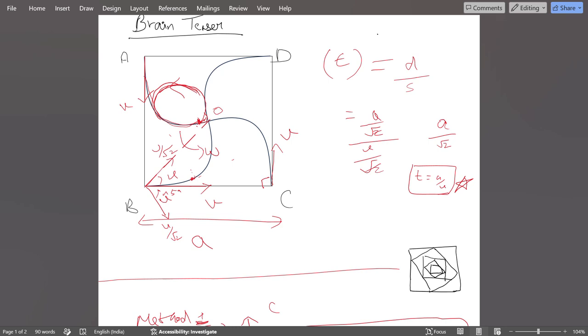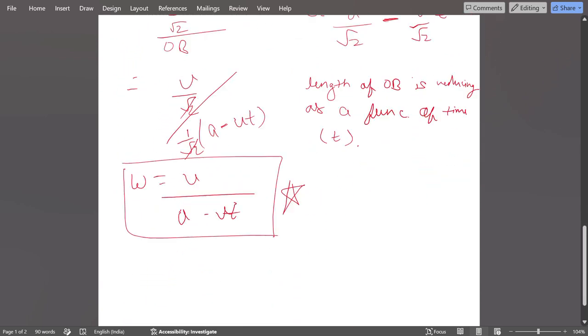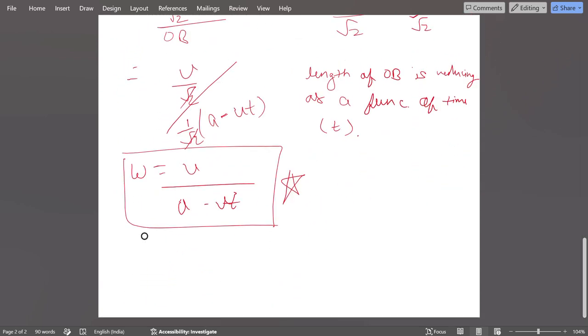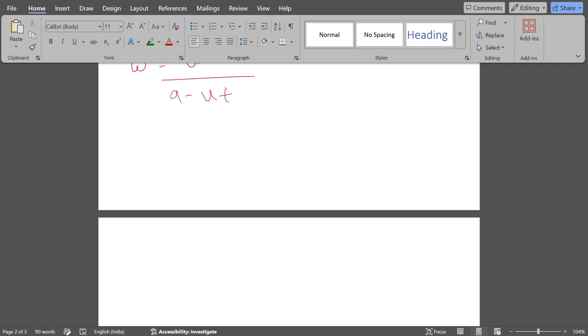They are asking the distance covered by particle A to complete one revolution around the center of the square. We know that omega equals d theta upon dt. Let theta be the angle rotated by the square.